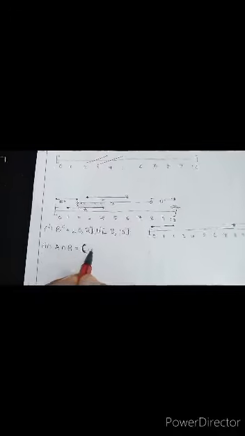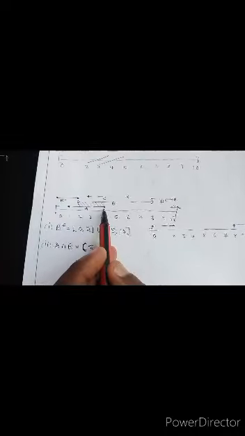Now if you see 2 here, 2 is included in A, but it is not in B. So when writing your answer, you don't have to use square brackets because 2 is not included in B, it's only in A, but we want what is in both A and B. So you write (2, 4]. 4 is included in both B and A, so this one will be like this.